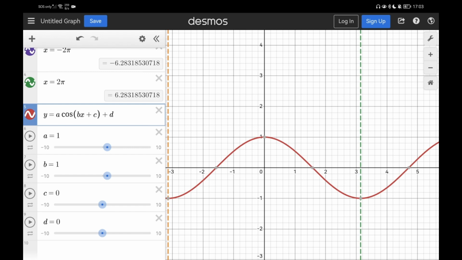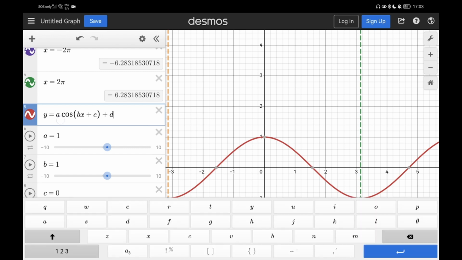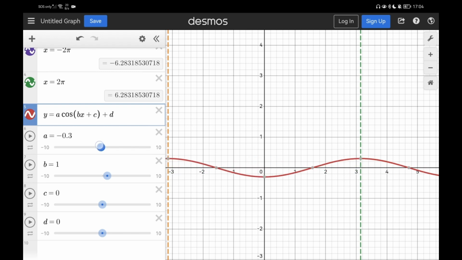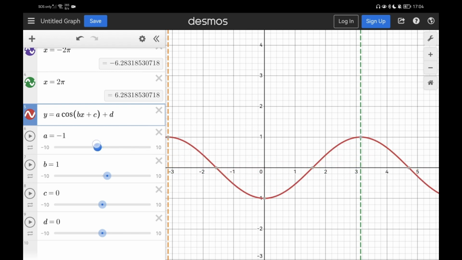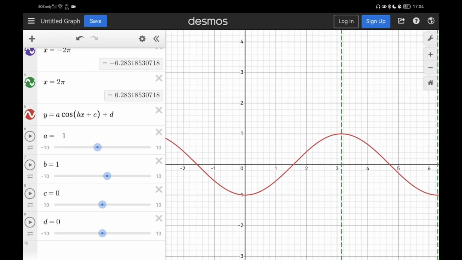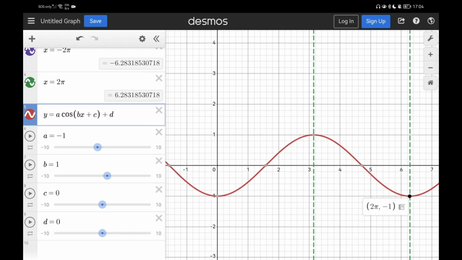So let's change this a to negative. You will see that it undergoes the reflection. All right, so this is the 2 pi.